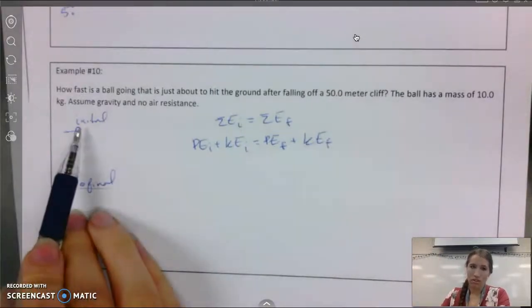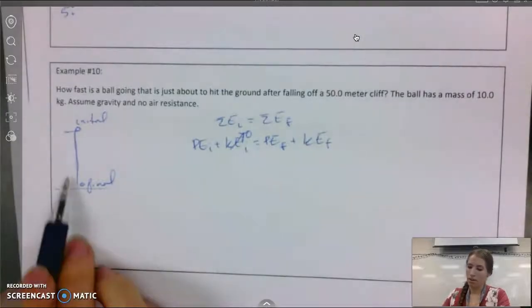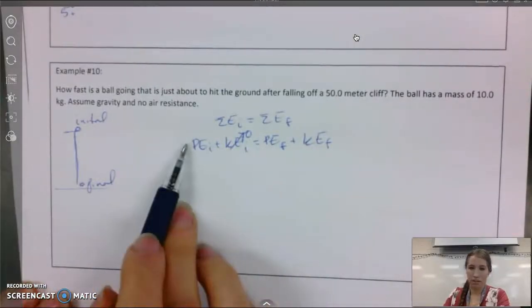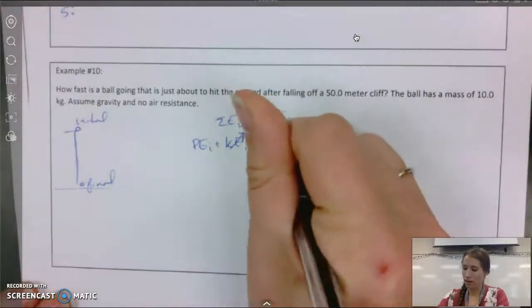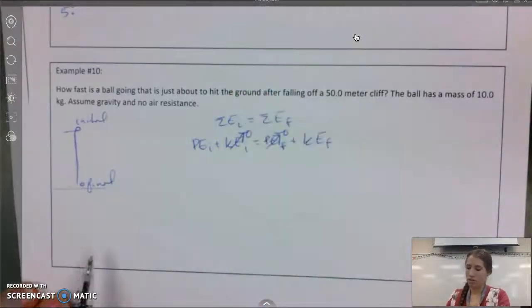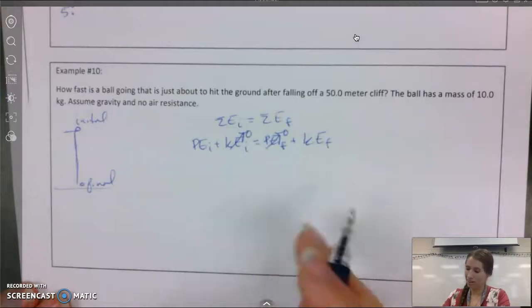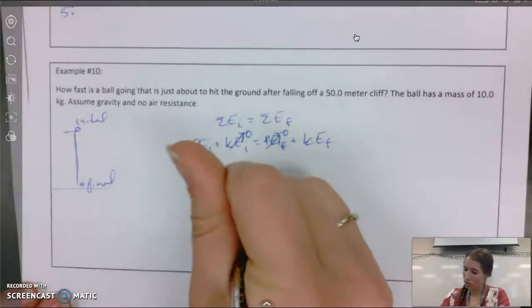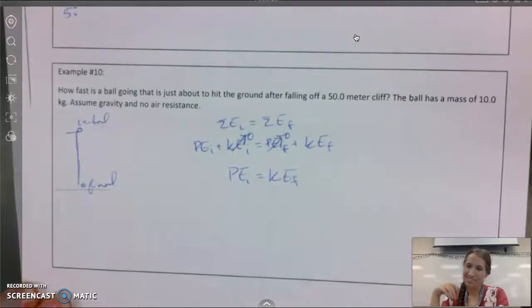At this initial condition, right at that moment that it's about to fall, we don't have a velocity, so we don't have any initial kinetic, but we are at a height, so we do have potential. And then on the other side of this, my final condition, I don't have a height, so I don't have any potential, but right before it hits the ground, there's quite a bit of velocity, so I would have kinetic. So what I have here is potential energy initial will equal kinetic energy final.